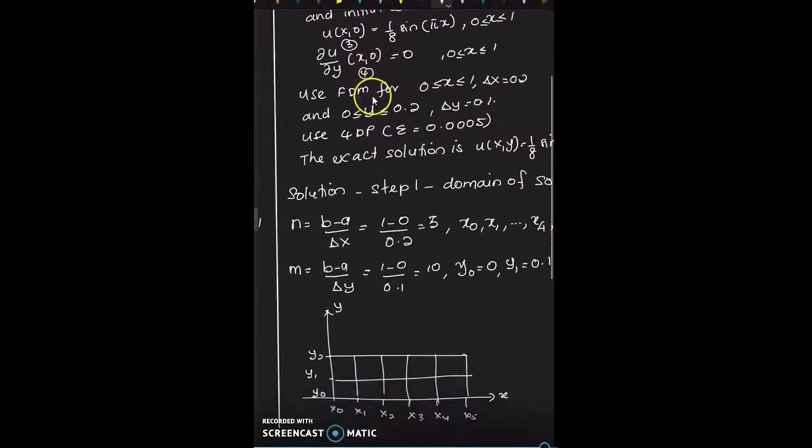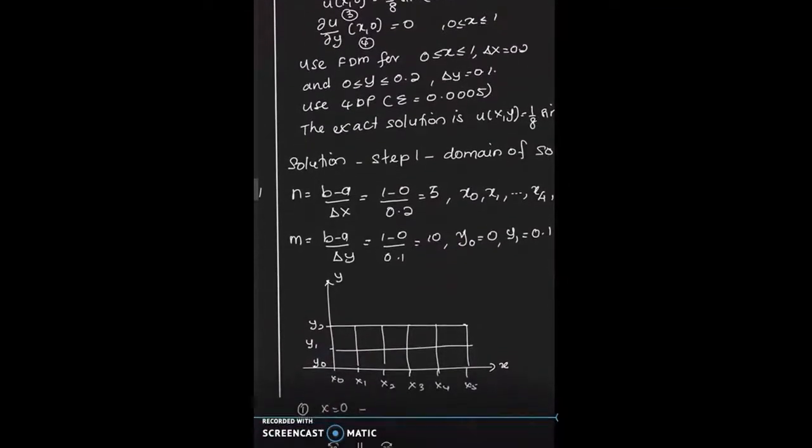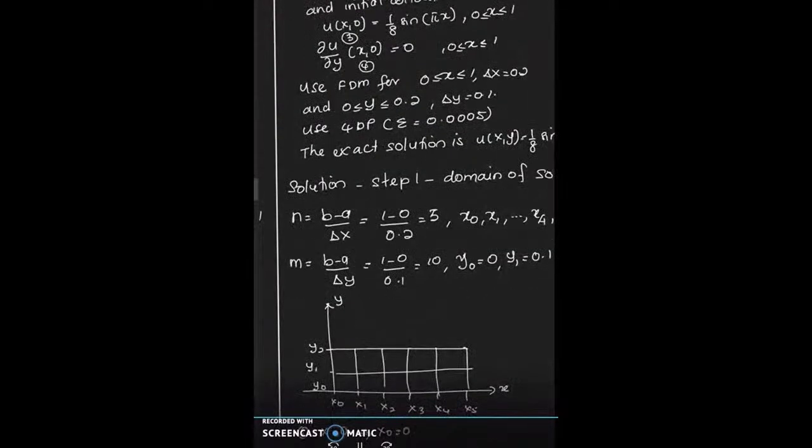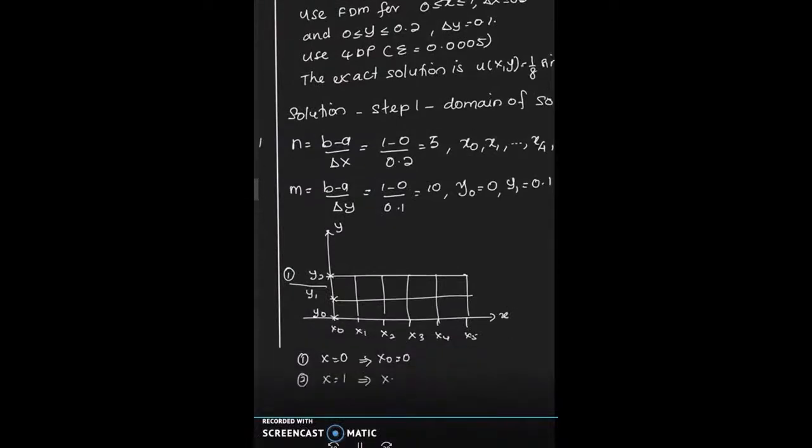The first is when x equals 0 and when x equals 1, at the left and right, so the wave is equal to 0. The second is when y is equal to 0, x is moving from 0 to 5. You get the formula 1 over 8 sine function.